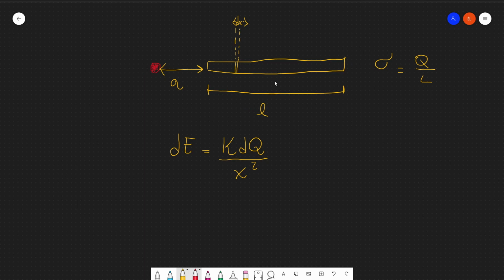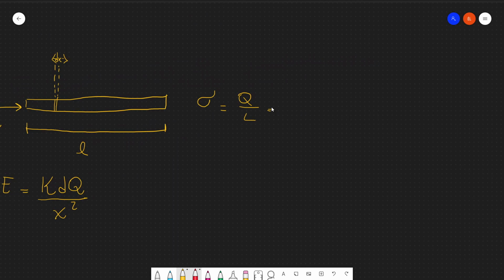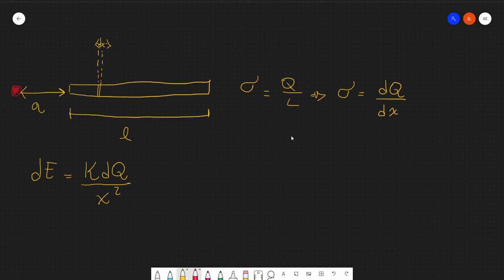However, how do you integrate something that is not a constant in relation to another non-constant variable? Well, this is where this theorem comes into place, because you could write this as equivalent to sigma equals dq over dx. As I said, the density remains constant.